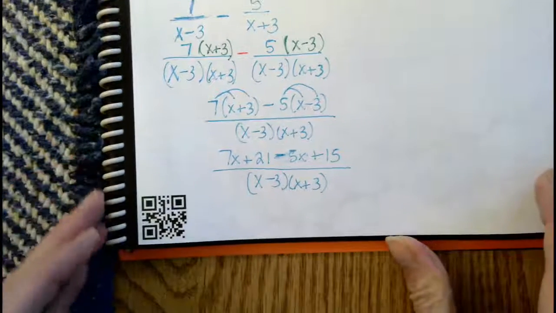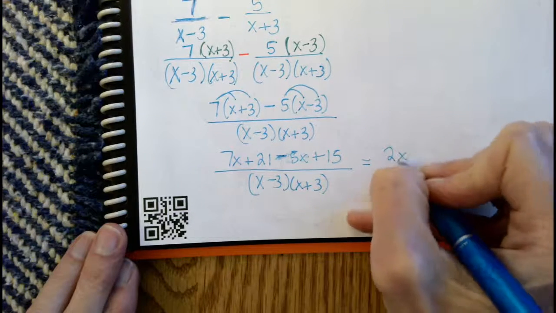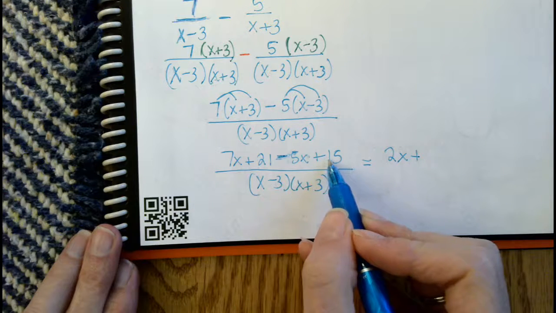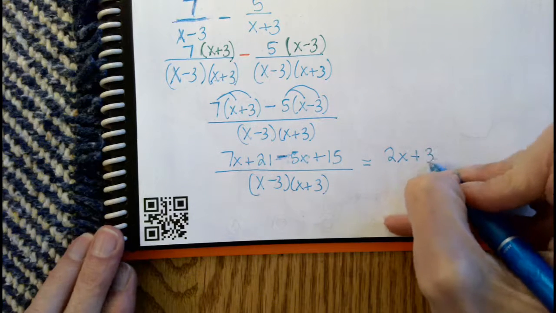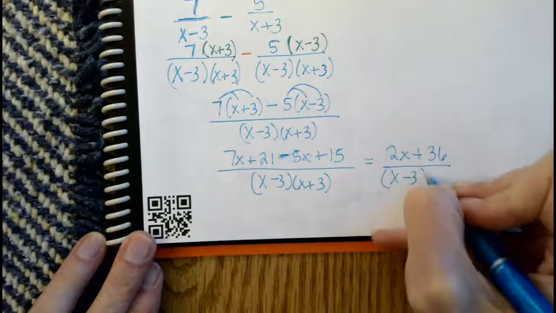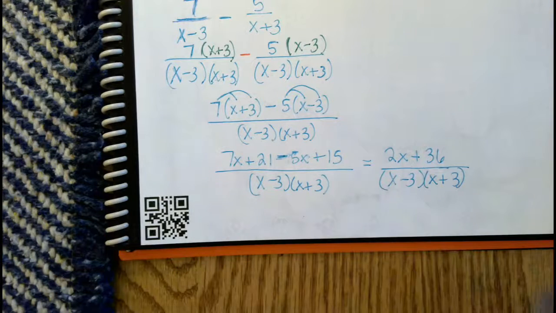If we combine like terms, then what we have is 2x plus, let's see, 21 plus 15 is 36, over x minus 3 times x plus 3. And then let's go back to Edmentum and see if we can match that answer.